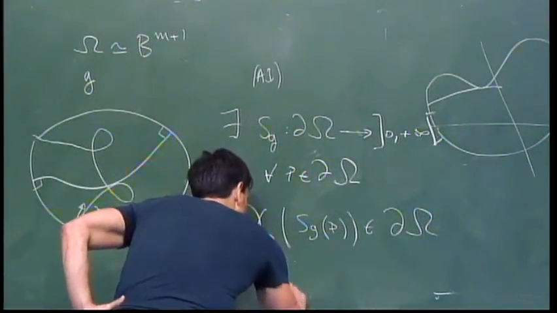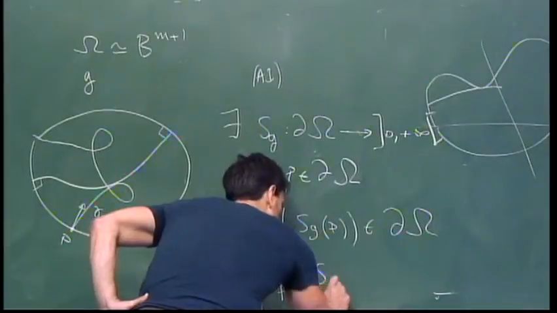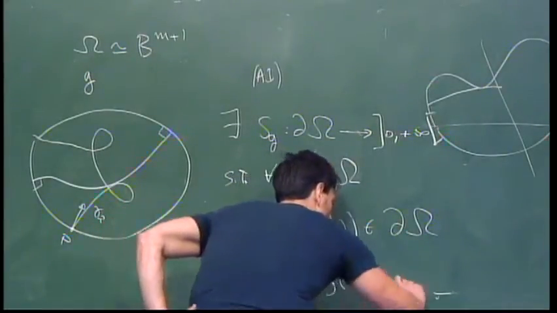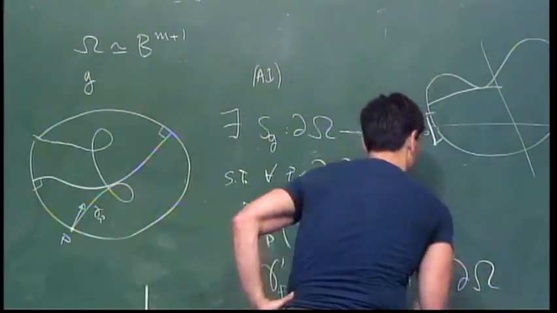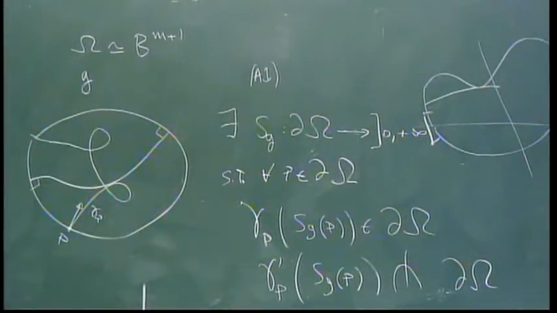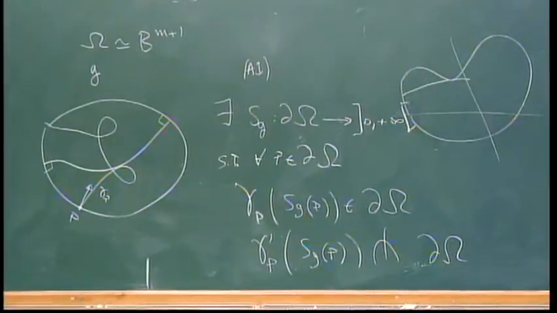And gamma_p prime at the point S_g of p must be transversal to the boundary. Very good.